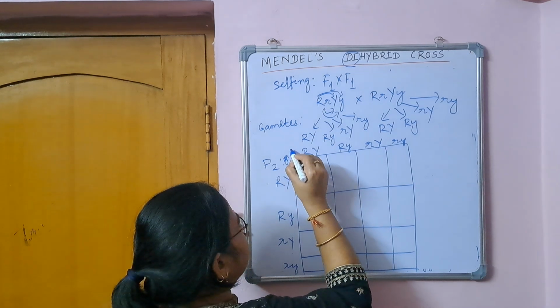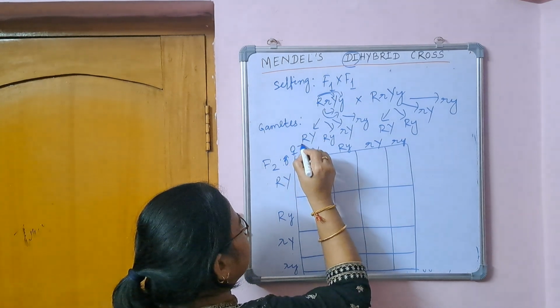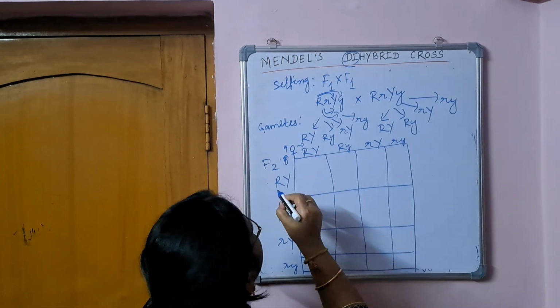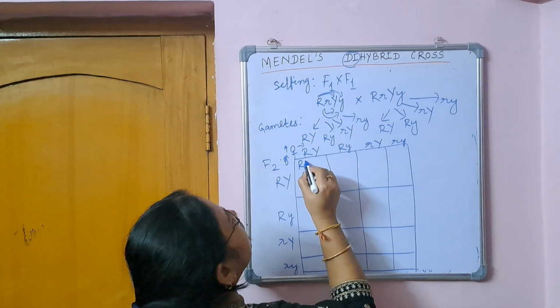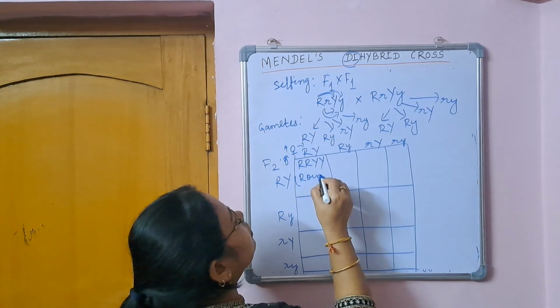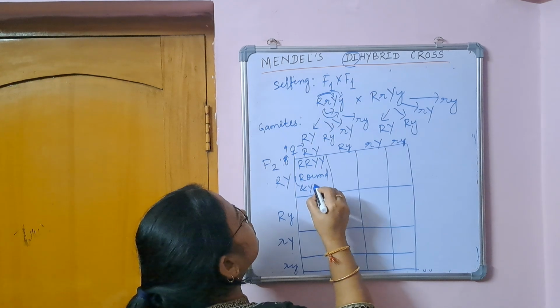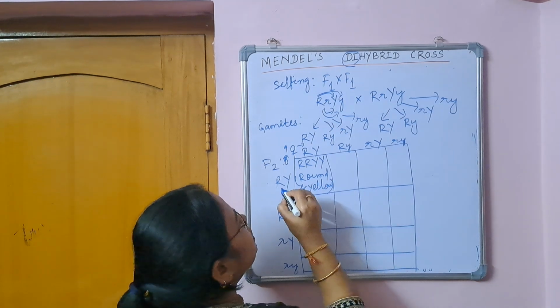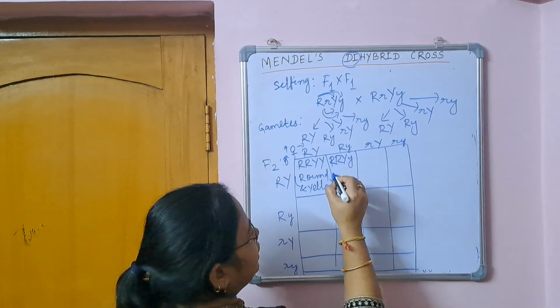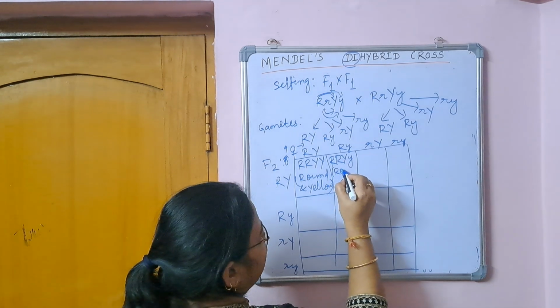Now let us cross these. Male gametes on one side, female gametes on the other side. Here you see capital R, capital R, capital Y, capital Y. This will be round and yellow. Now come to the next, capital R, capital Y, small y. Again round and yellow.